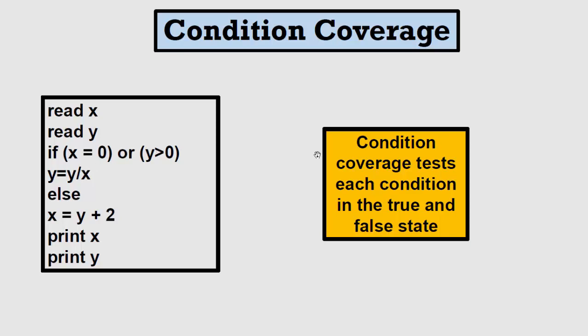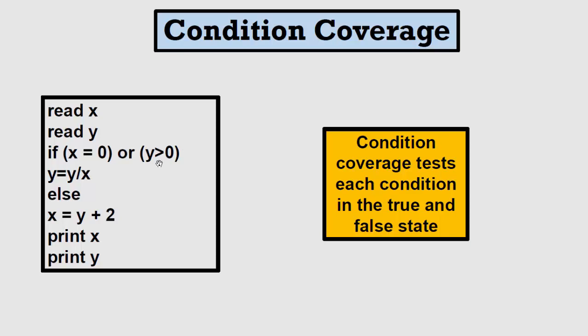So what we should do in condition coverage, we test each condition itself in the yes and no case. Okay, so here x equals 0. This is a condition itself. Okay, so we should make x one time equal 0 and the other time not equal 0. Y greater than 0. This is another condition that we should test.